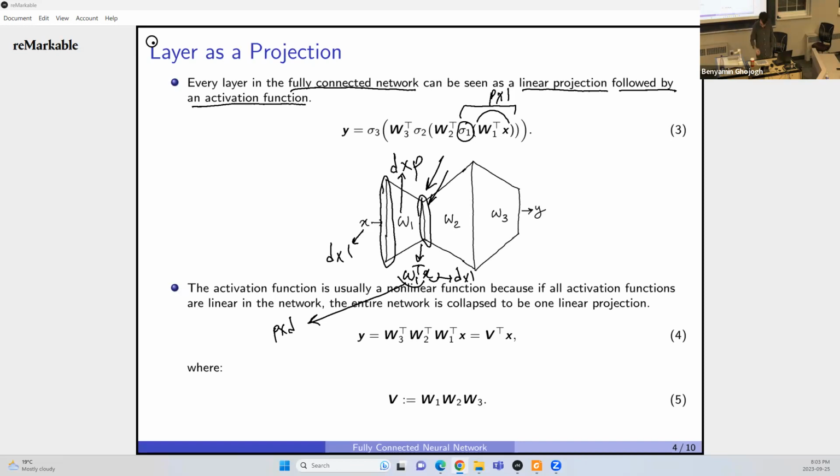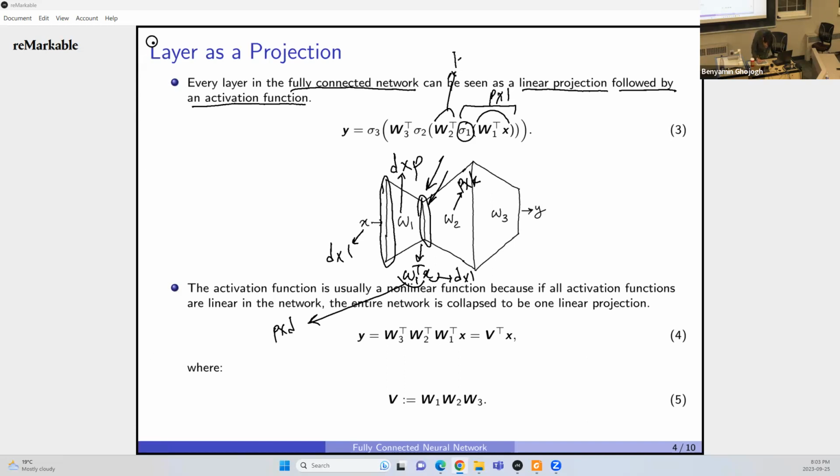Now, what is the dimensionality of W2? For example, it is P by K, and in this case K is greater than P. Now, what is the dimensionality of W2 transpose? K by P. Let me write it cleaner.